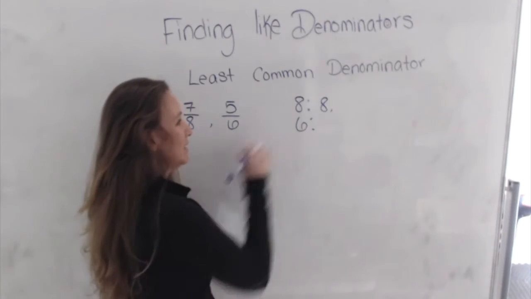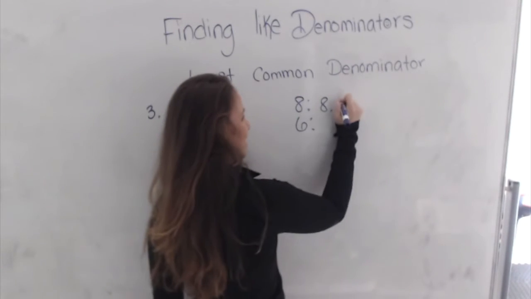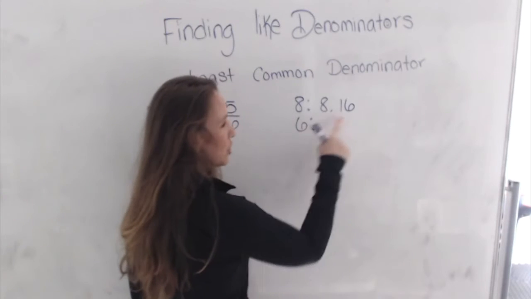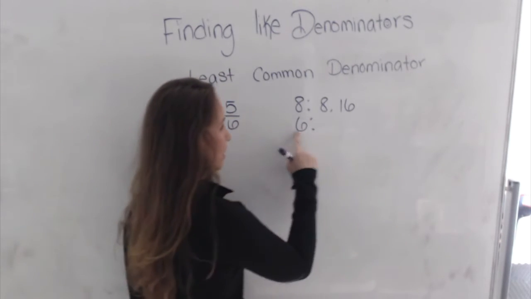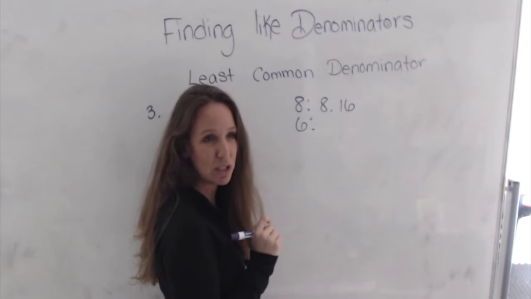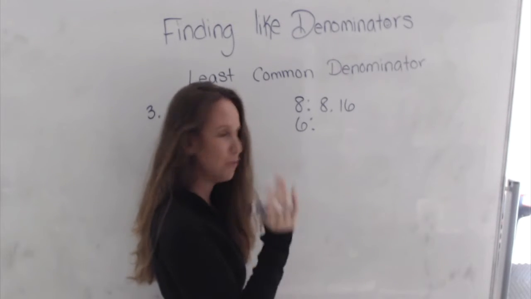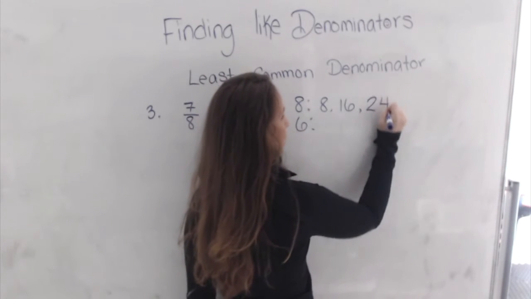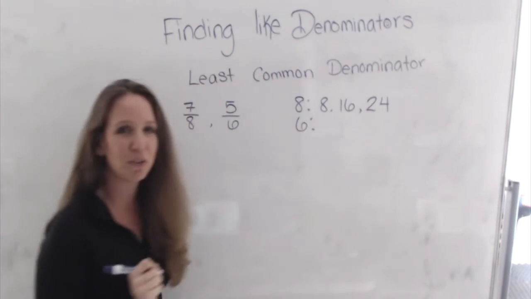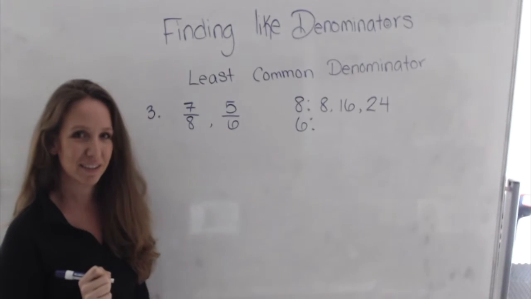8 times 2 is 16. Does 6 go into 16 evenly? No. We would have that 6 times 2 is 12 with a remainder of 4. So let's try adding another 8. That's 24. Does 6 go into 24 evenly?